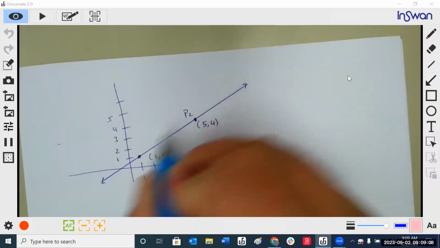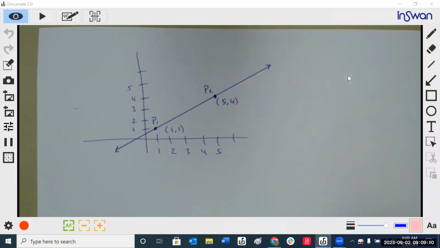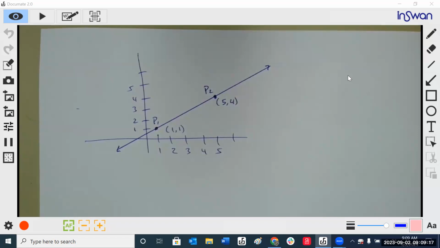This is 0.2, this is 0.1. You could use a credit card or your student ID to make it easier. I just found a piece of paper and started using it as a ruler.